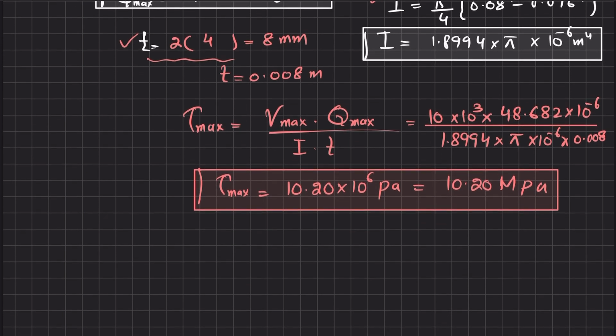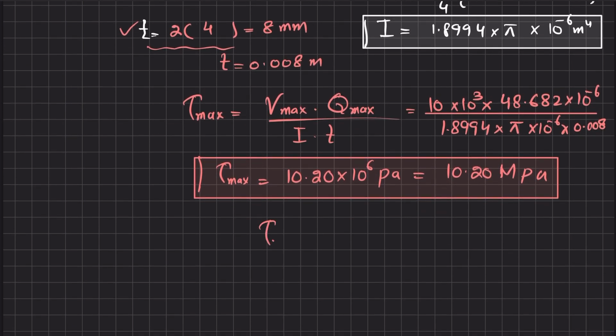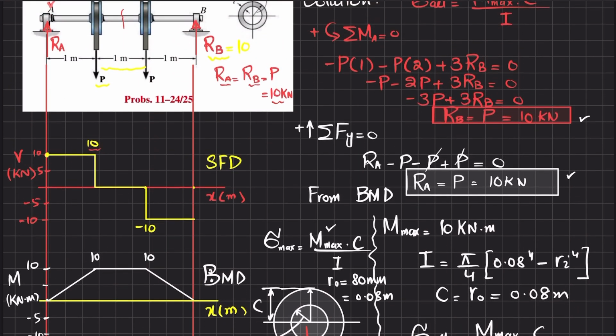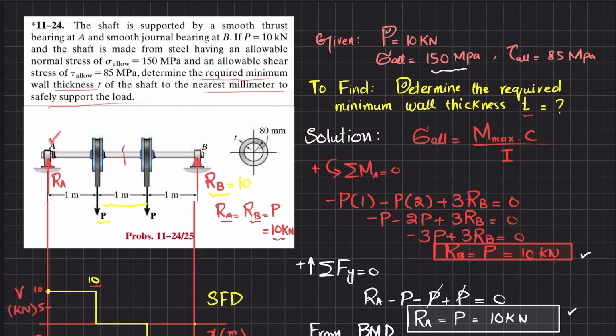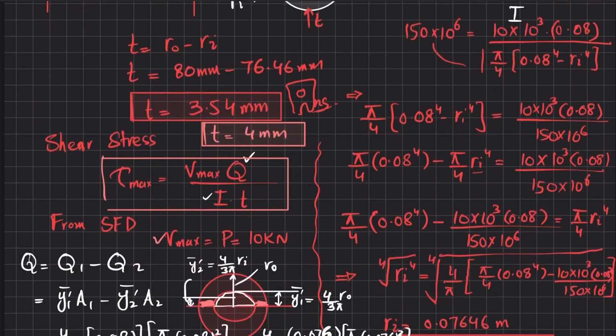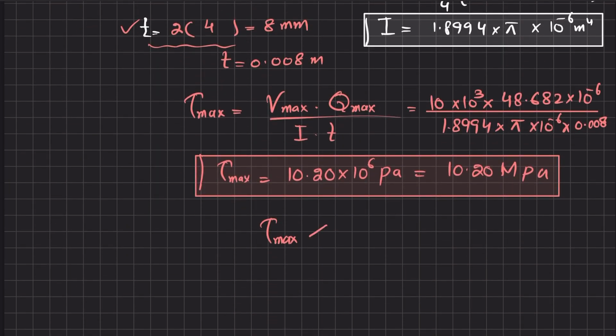Now you can see whether this maximum shearing stress is greater or less. For that you have to check with the allowable shearing stress. The allowable is 85 megapascal. So your maximum shearing stress, 10.20 megapascal, is less than the allowable shearing stress of 85 megapascal.